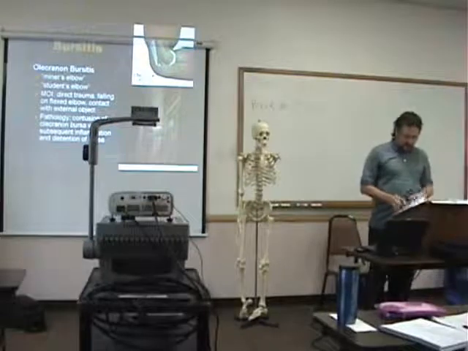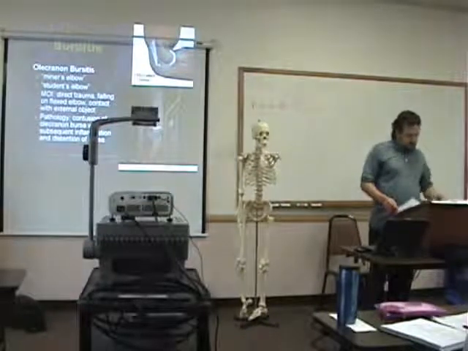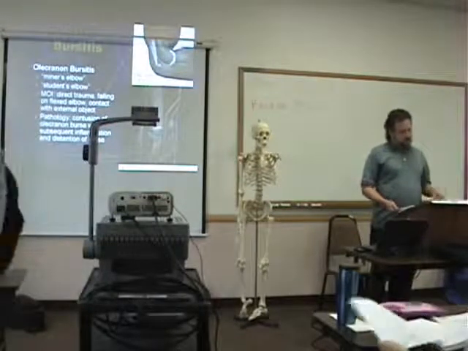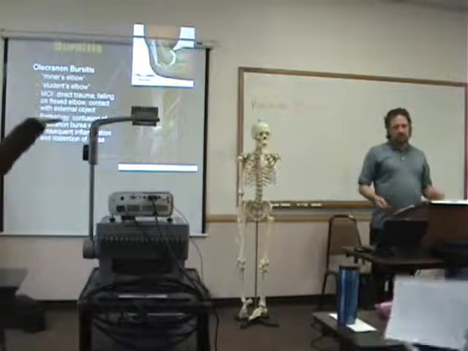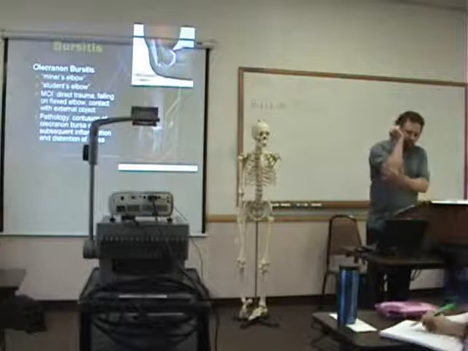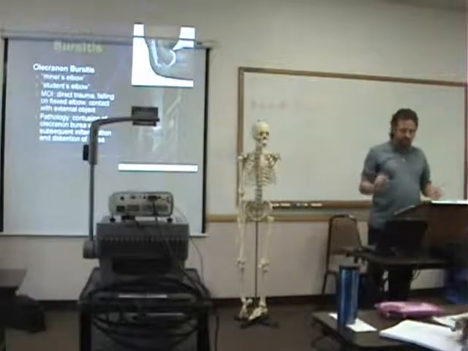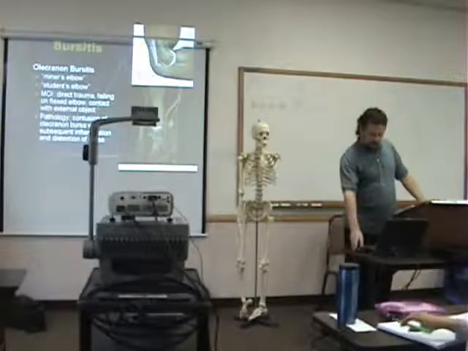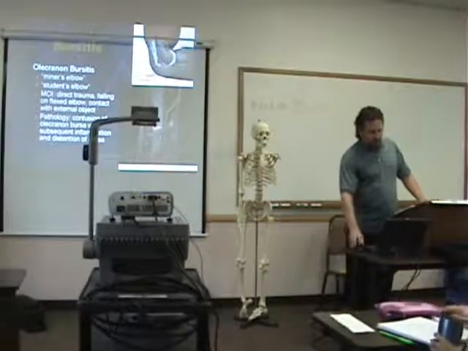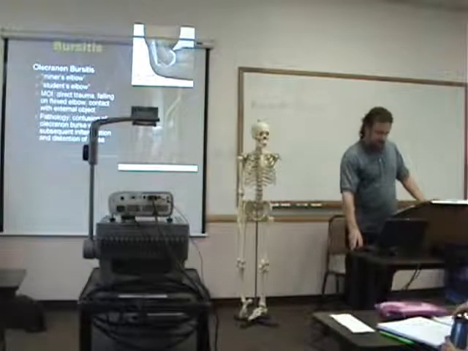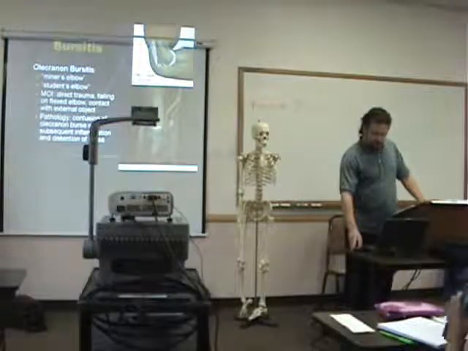Okay, so then now we get into the bursitis, olecranon bursitis. It could be acute traumatic stuff, or it could be repetitive. You know, people that are doing things where they're putting pressure on their elbow a lot, like miner's elbow, student's elbow. So you get contusion of the bursa with inflammation and swelling.